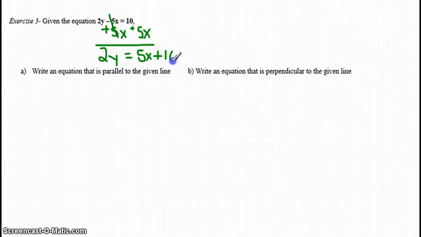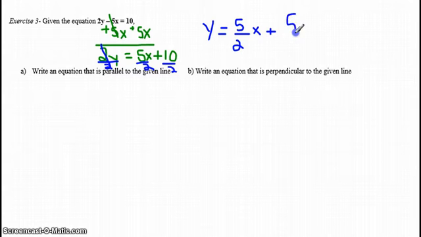So if we want to isolate our variable y, right here, we need to get rid of that 2. We need to do the inverse of multiplication, which is division. We need to divide on both sides. Whatever we do to one side, we must do to the other. So those 2's cancel out, and my equation is y equals 5 over 2x plus 10 over 2, which simplifies to 5.